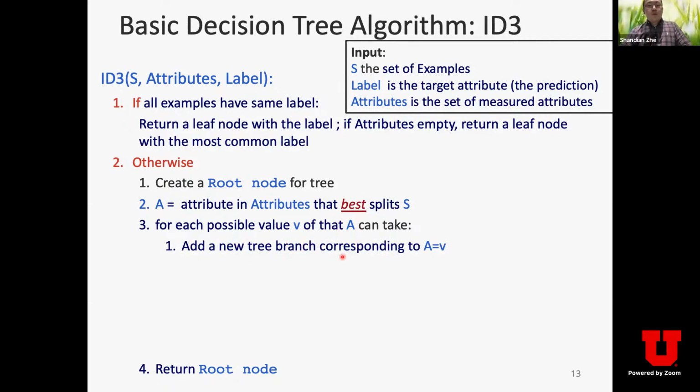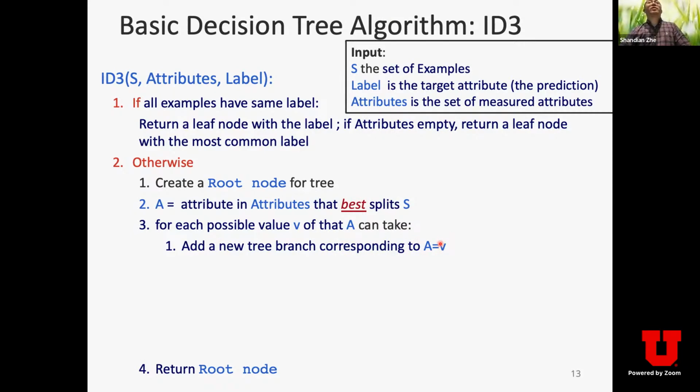On this branch, we attach a testing condition to test if the value of A is V. This matches the tree definition: each branch of the tree is associated with a testing condition. So we enumerate every possible value that attribute A can take and create a corresponding tree branch with this testing condition.